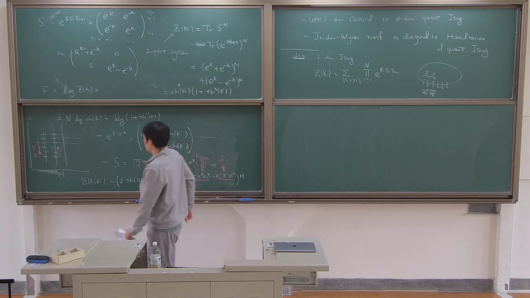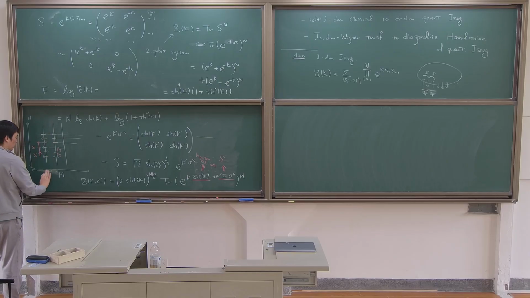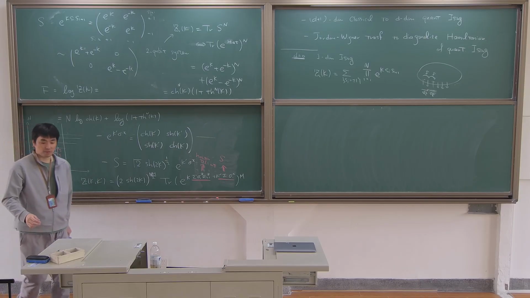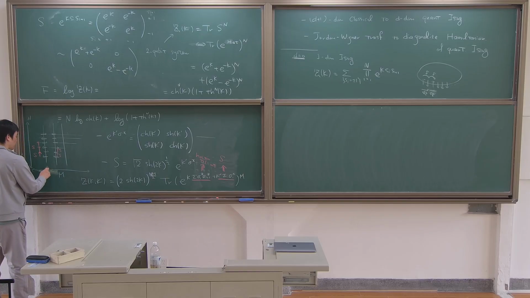So at each vertical direction, you get 2 qubits.